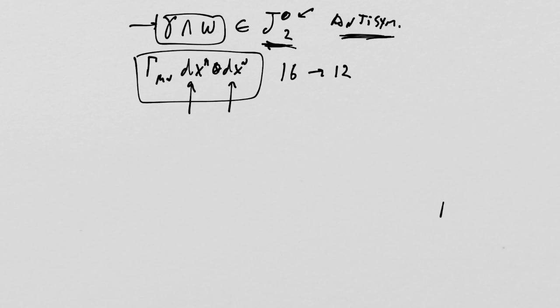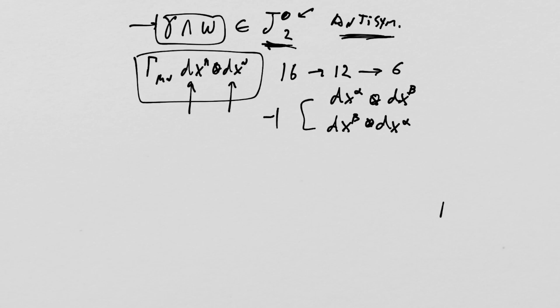And then, of those 12, the problem is anything that looks like this is linearly dependent on those things that look like this. These two differ only by a factor of -1, so they're not linearly independent. So half of the remaining ones are immediately dependent on the other half. So this reduces it down to 6.